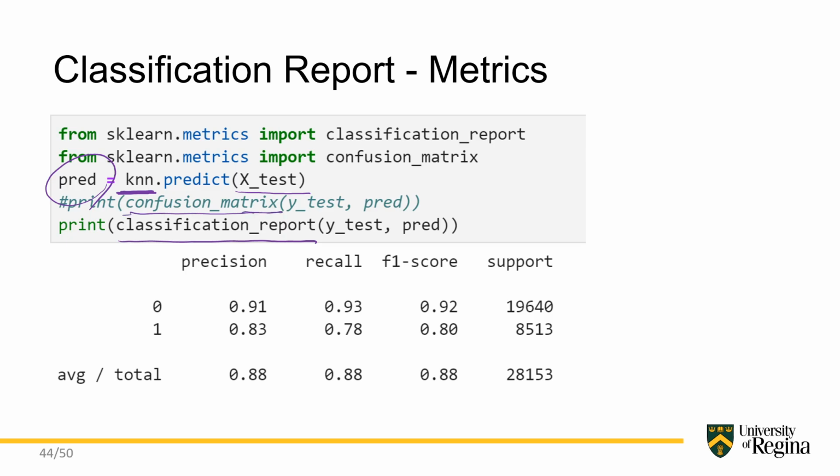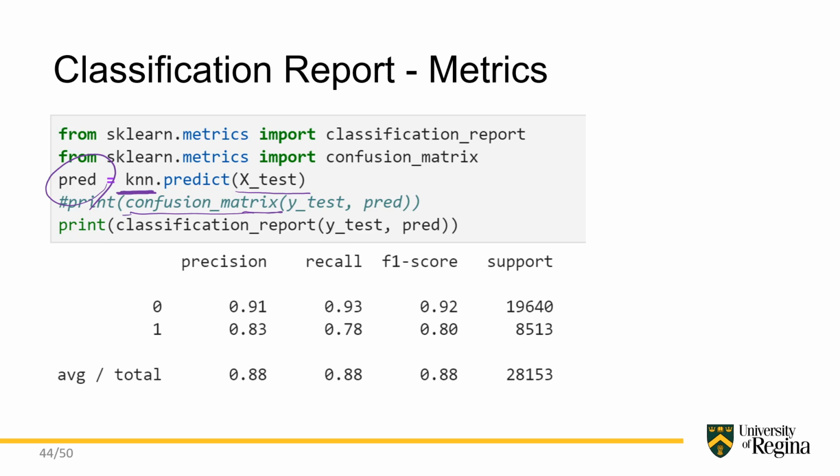A classification report requires the Y of test, which is the actual examples, and the prediction, which is the estimate. The prediction given by the KNN and the actuals are given to the classification report, and it will calculate different metrics.